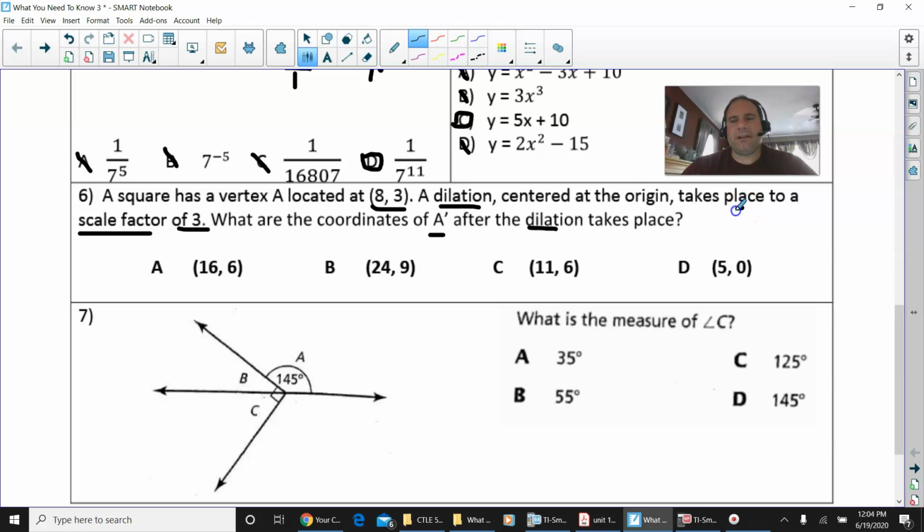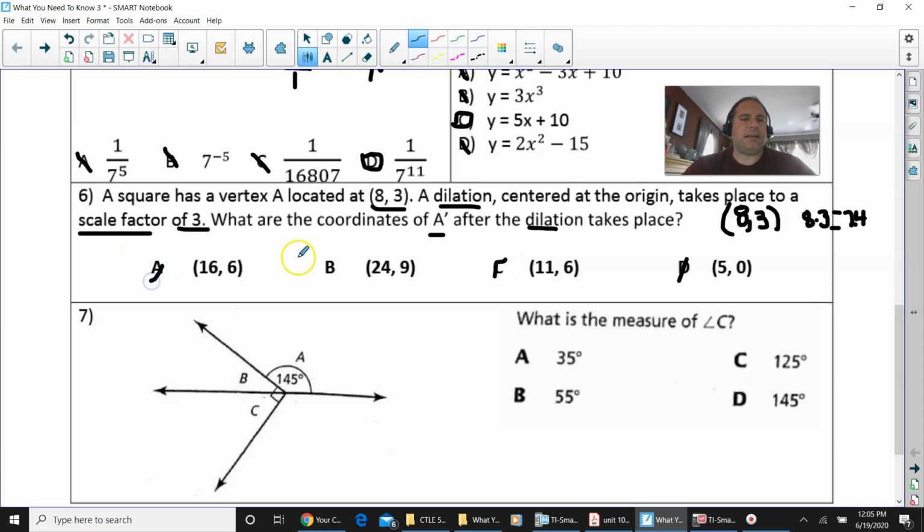So 8, 3 is A. What is A prime after it's been dilated by a scale factor of 3? 8 times 3, multiply, and that x value now becomes 24. There is only one x value of 24.